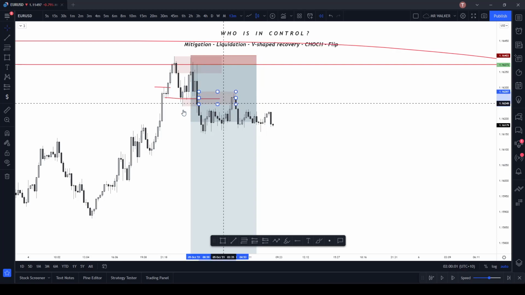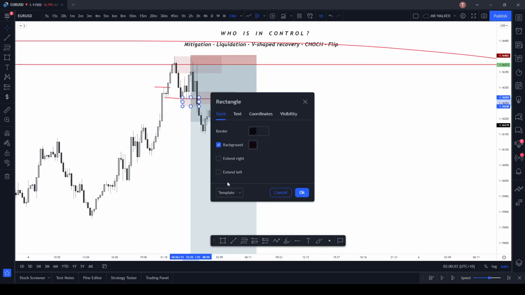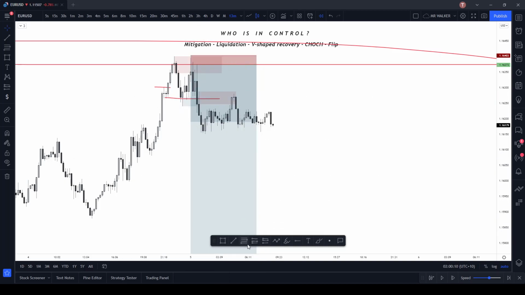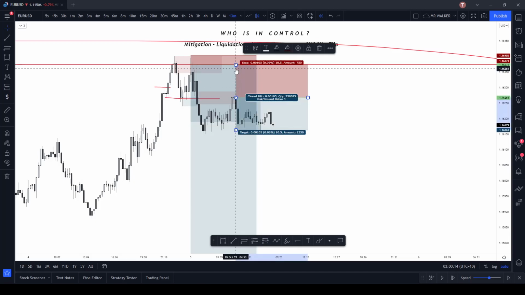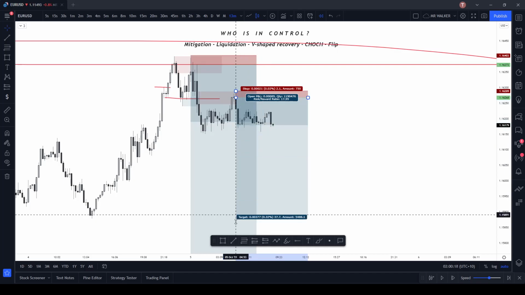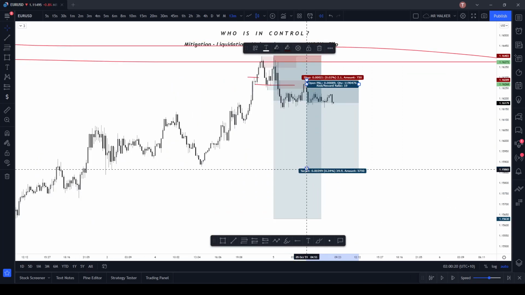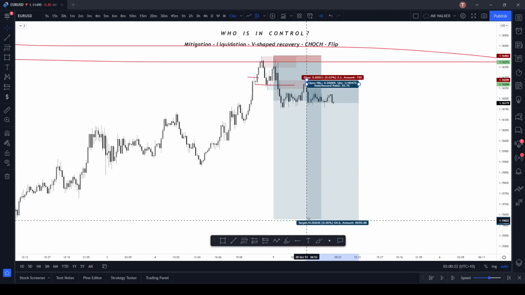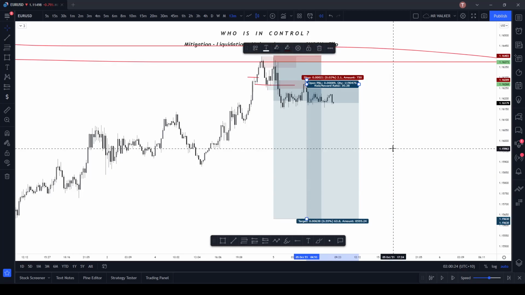Here, right? So that was the 15 demand. So we may as well get into the position once again at the equilibrium of that supply, right? We now have a two pip stop loss, the same target, and that will bring us to 30 RR, right?